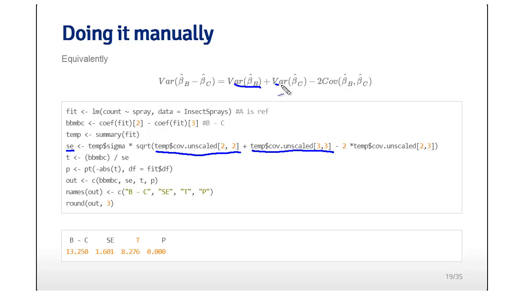This is this term, and then minus twice the covariance is that term. And there's our t statistic, being the effect divided by the standard error, and then the p-value, being the absolute value of the t statistic.